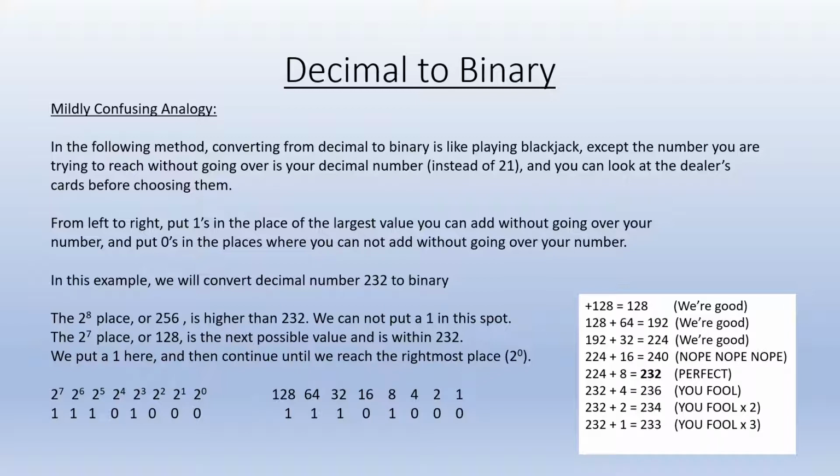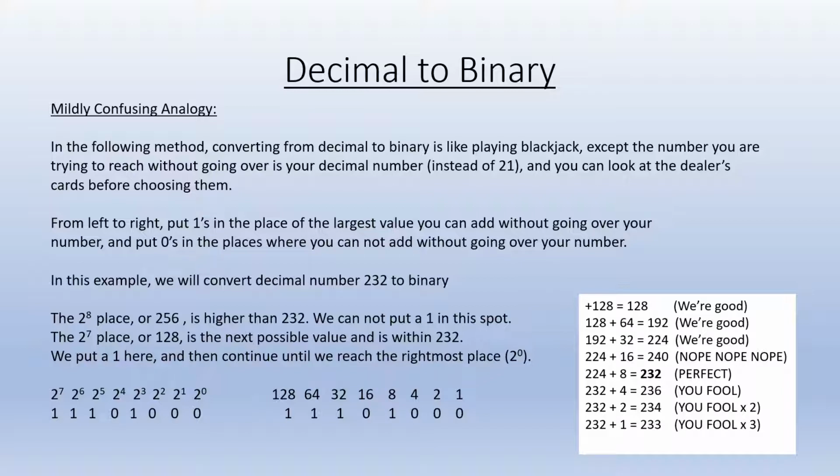So in this example, we'll convert decimal number 232 to binary. If you take a look, the 2 to the 8th place represents the number 256. And since 256 is higher than 232, we can't put a 1 in this spot, so we have to start in the next place.